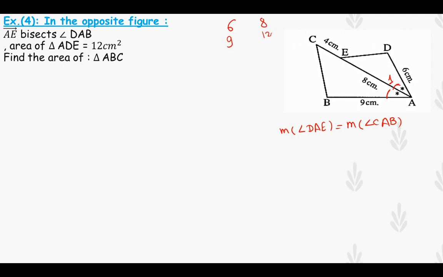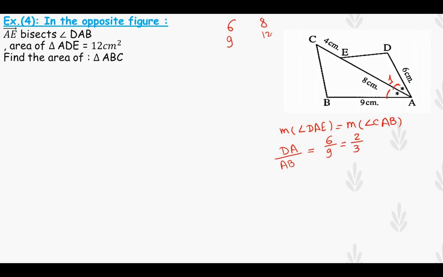Now you can find the ratio. Here we will find DA, the first side in the first triangle, over 9, which is AB, the second side in the second triangle. It will be 6 over 9. Put it in the simplest form: divided by 3 equals 2, divided by 3 equals 3.